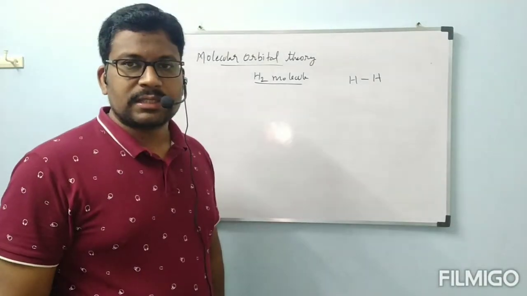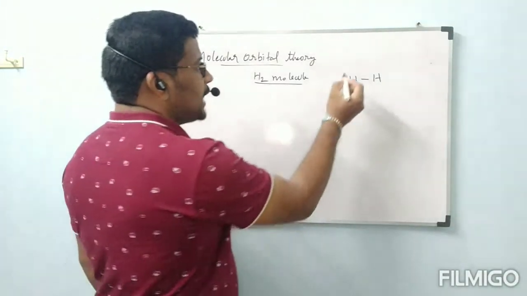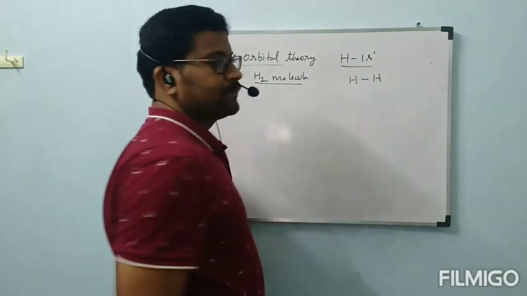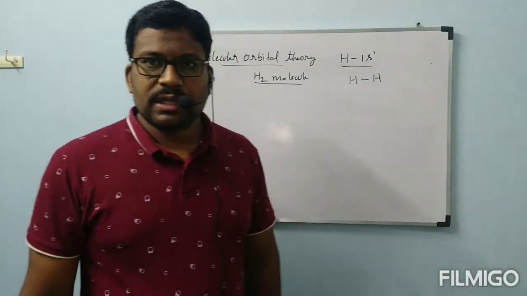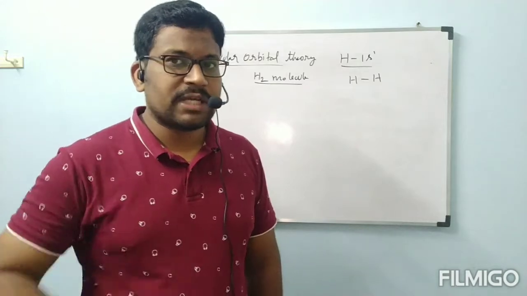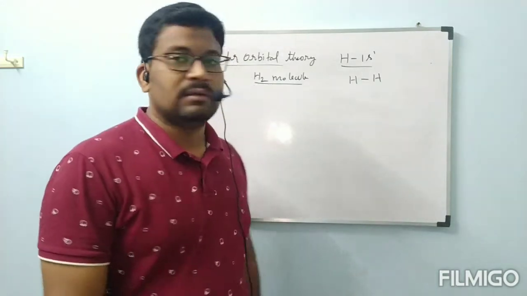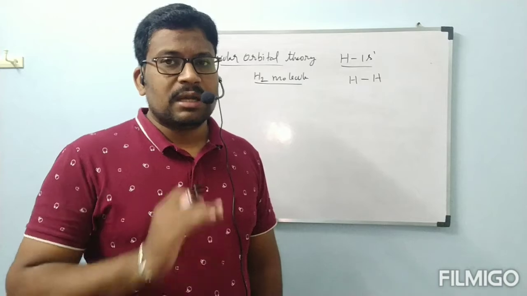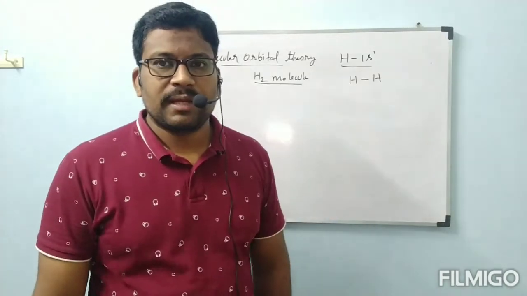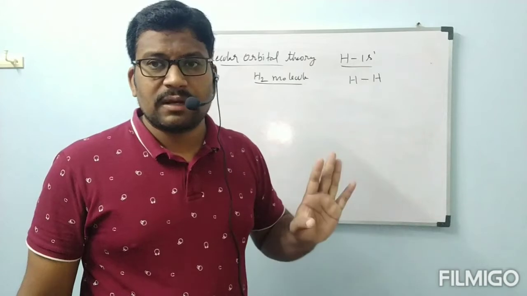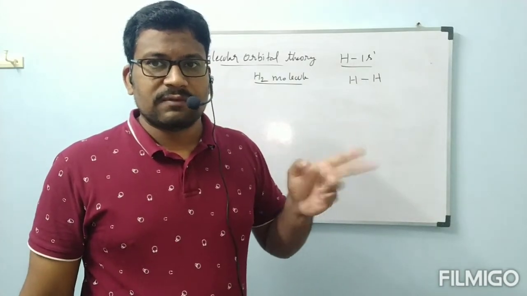Hydrogen's electronic configuration is 1s1. Hydrogen has one electron present in the 1s orbital. Another hydrogen also has the electronic configuration 1s1.